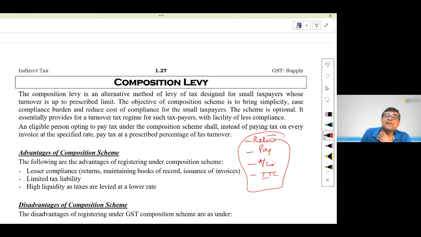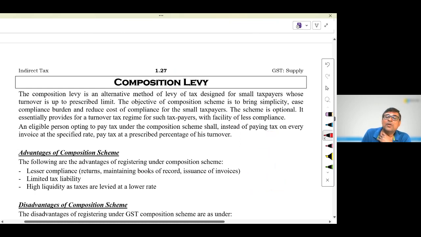These compliances are very difficult, not possible for the person who is doing the business at a very small level. That means a person is a small taxpayer. It is not possible for him to record all these things, to do all these compliances. It is not possible for them to hire the services of a professional.